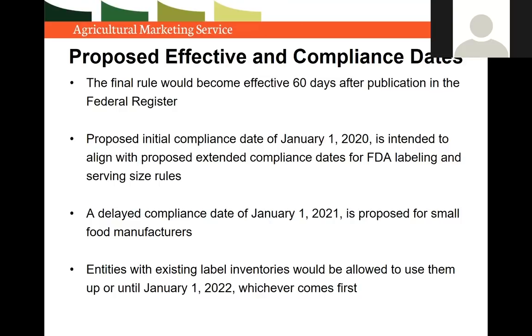These compliance dates would be aligned with certain proposed FDA requirements regarding changes to the nutrition facts and supplement facts label. We want to ensure that regulated entities have adequate time to analyze products and understand new requirements, make necessary changes to their labels, and have the chance to review and update their records and record-keeping systems.